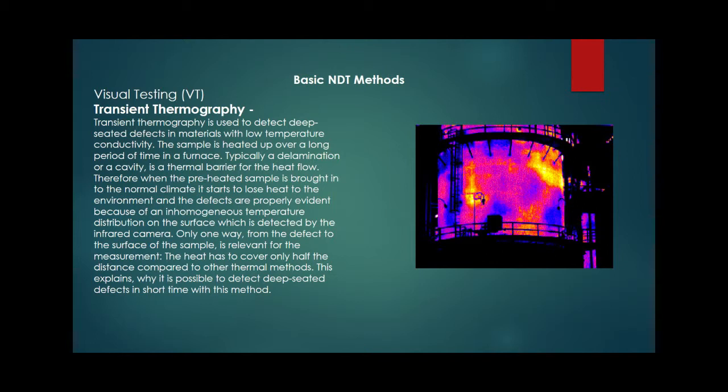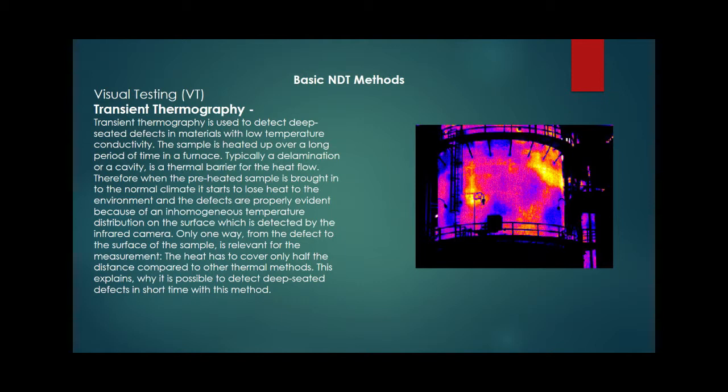Now, when the preheated sample is brought into normal climate, it starts to lose heat to the environment, and the defects become evident because of the inhomogeneous, varying temperature distribution on the surface, which is detected by infrared cameras.